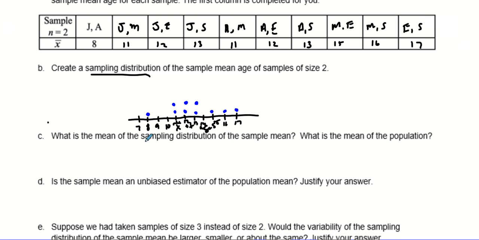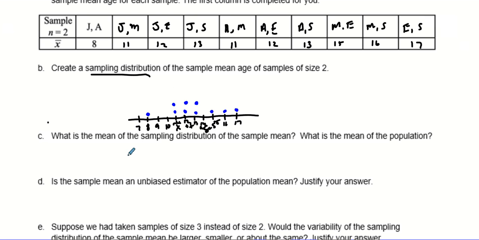So if we take all those different values of our sample means and we add them together, and we divide by how many we have, 1, 2, 3, 4, 5, 6, 7, 8, 9, 10, 10.